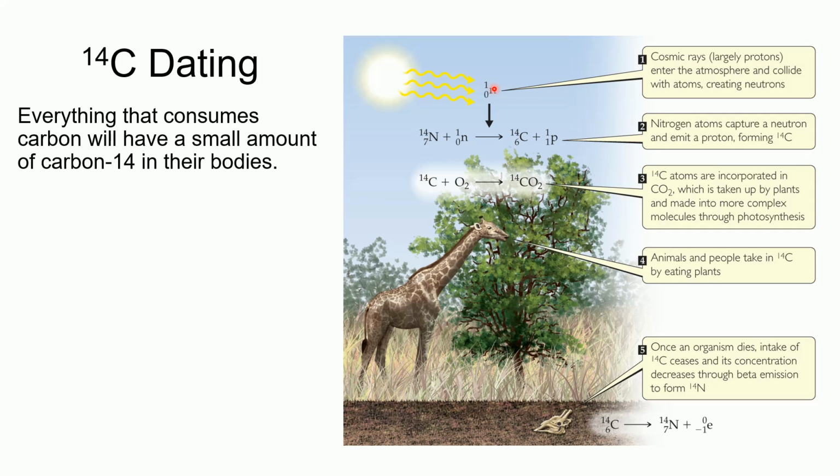Those neutrons in turn, because they can react pretty easily with other elements, and nitrogen makes up about 78% of our Earth's atmosphere, tend to run into other nitrogen atoms. They run into nitrogen atoms, and that creates carbon-14 plus a hydrogen nucleus. So that proton is just a hydrogen nucleus.